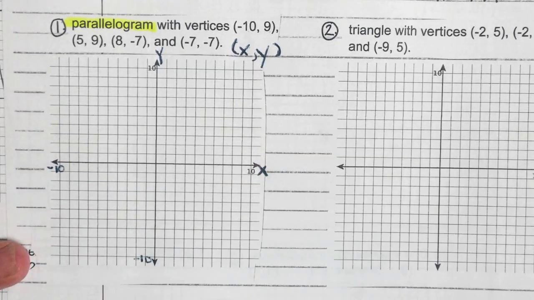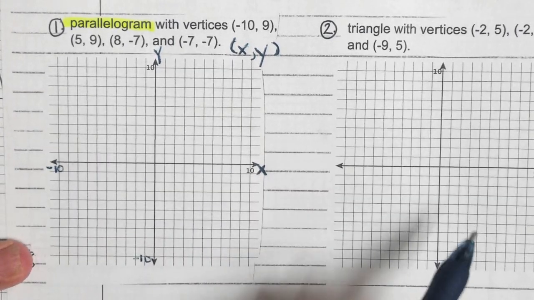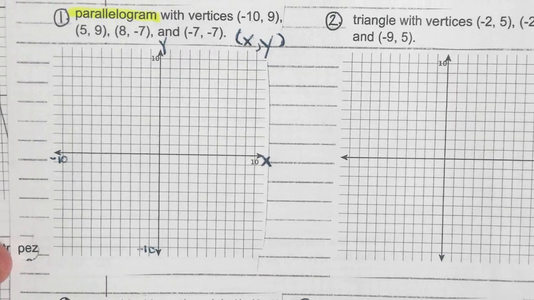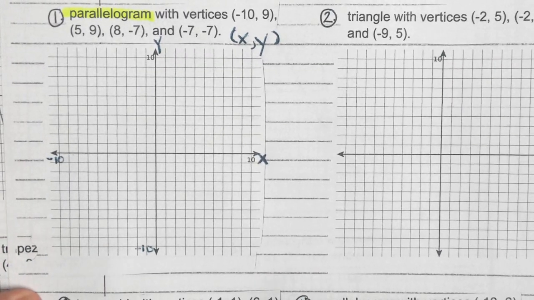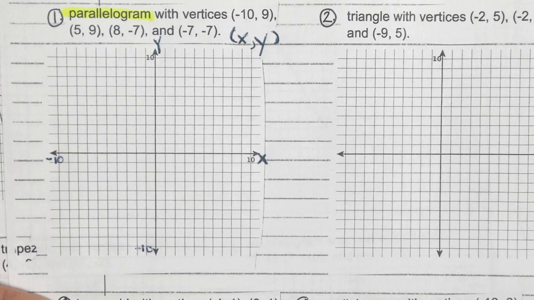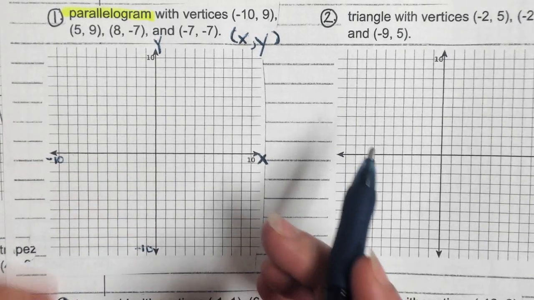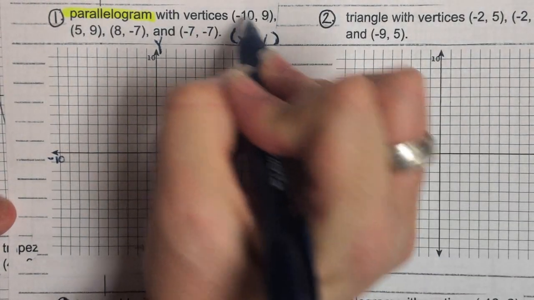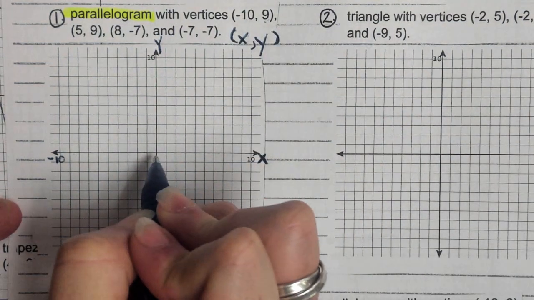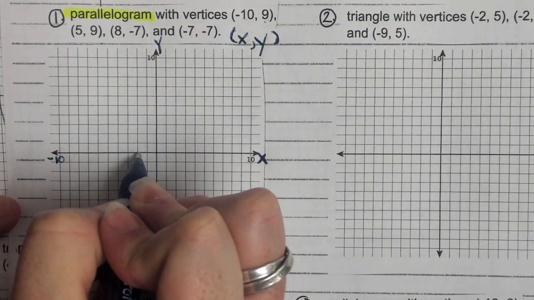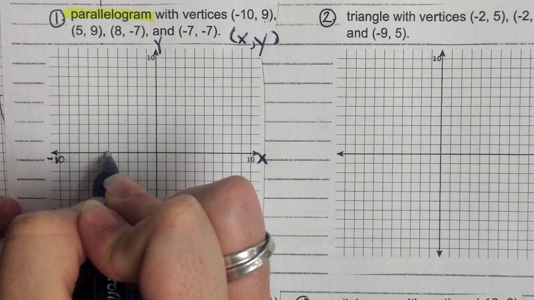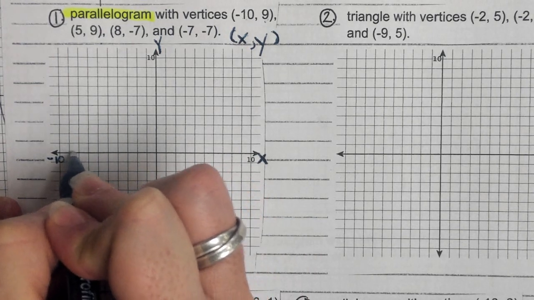The video, I'll go over the first 3, so that'll help. Okay, so the vertices, we're going to start out with that -10 and 9. I advise doing this with a pencil. The only reason I'm doing it with a pen is because, once again, I'm under this goofy camera. So, here we go. -10 and 9. I'm going to go over -10. 5, 6, 7, 8, 9, 10.